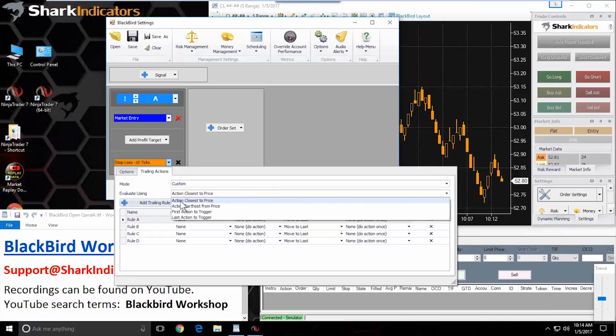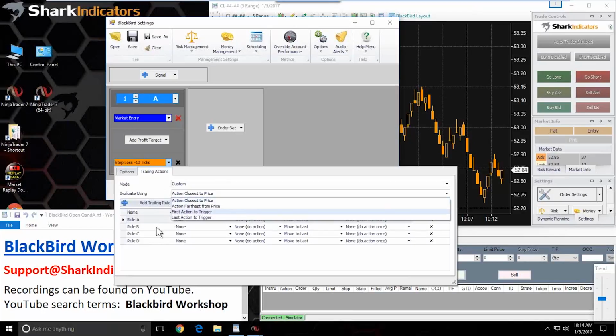The default setting here is whatever action will move the stop loss closest to price. One way that we can evaluate all 4 of the rules and set a priority is to look at which of these 4 rules is going to move the stop loss closest to price.